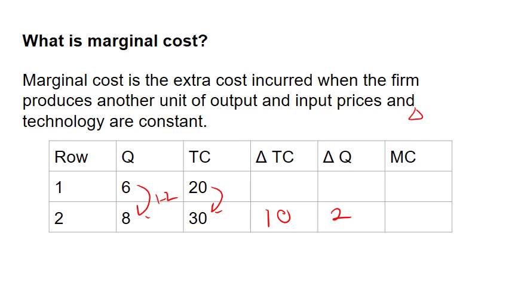Marginal cost is the change in total cost divided by change in Q. It's going to be 10 divided by 2, which is equal to 5. So each of these 2 extra units of output increased the firm's cost by $5.